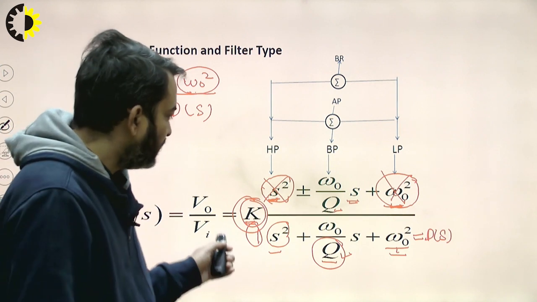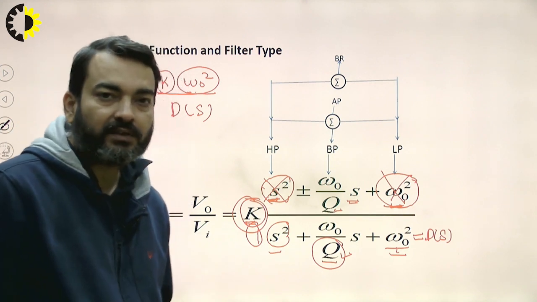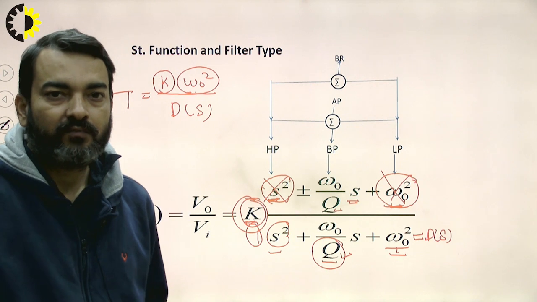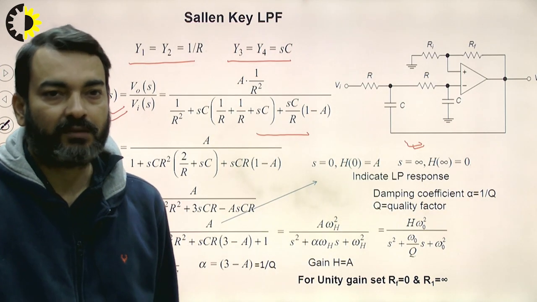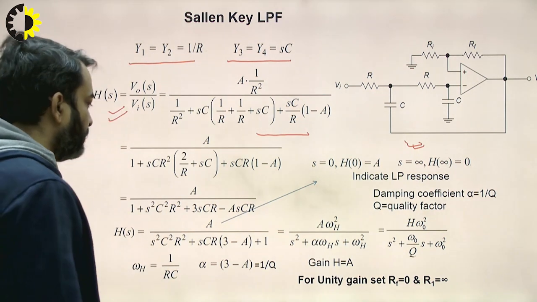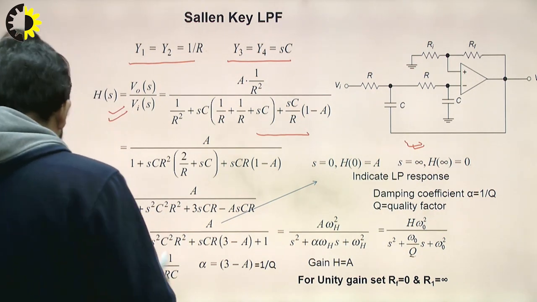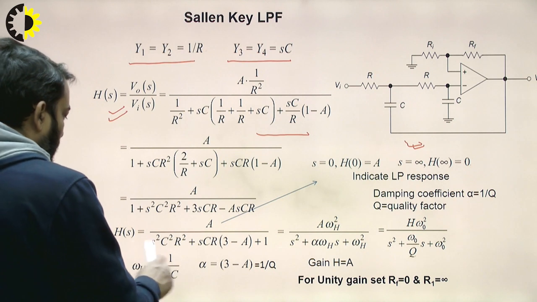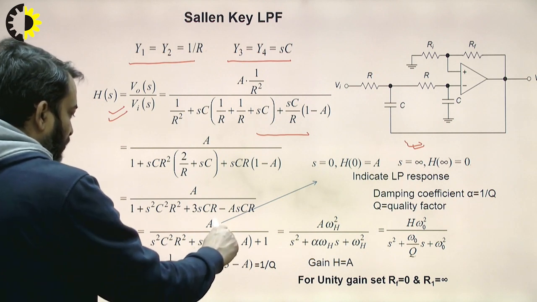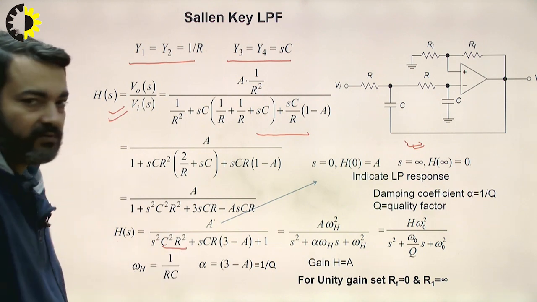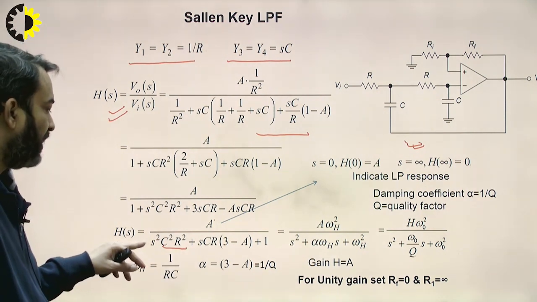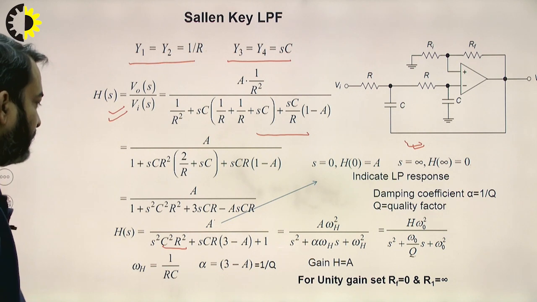So by first converting the given transfer function into standard form, we will be able to calculate the filter parameters. So here we will have to divide both numerator and denominator by C square R square. Then we will have only the S square term in the denominator.